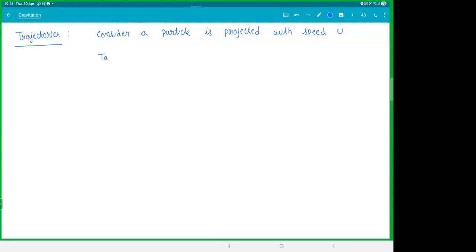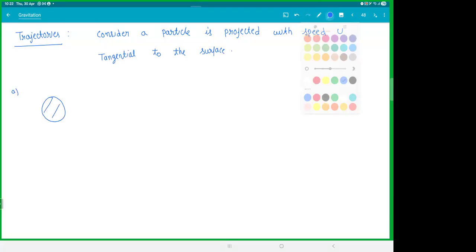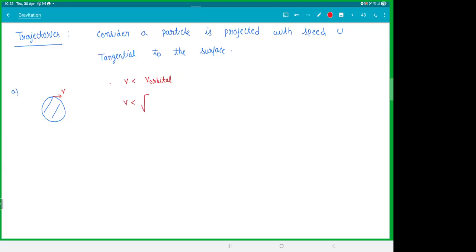So we are taking a very special case. If you project horizontally with speed u, and let's say your speed v is less than v escape, less than v orbit, which is less than root GM by r, this guy will actually go in an ellipse and it will crash onto the planet.